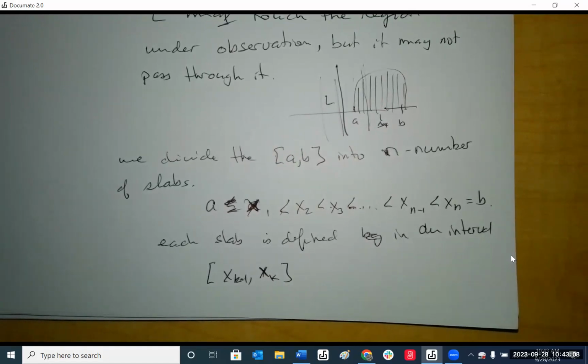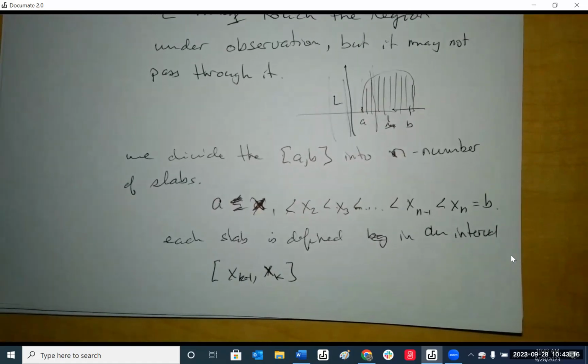So what do we do next? When we have this kind of object, what do we do next? We have the delta x, we have the bounds A and B. What do we need now?